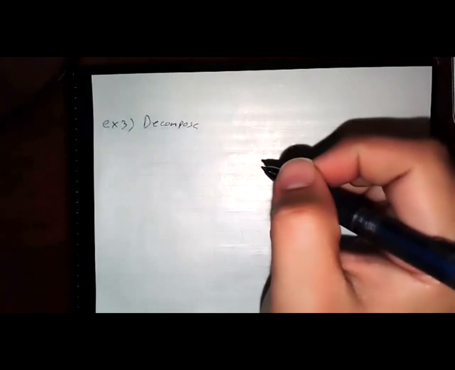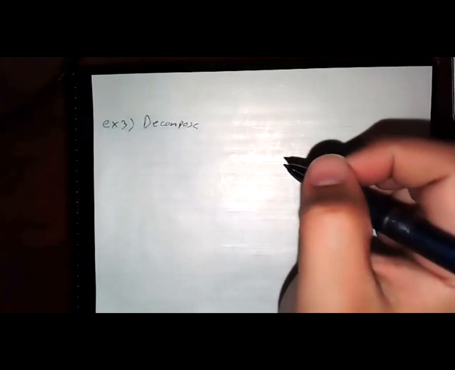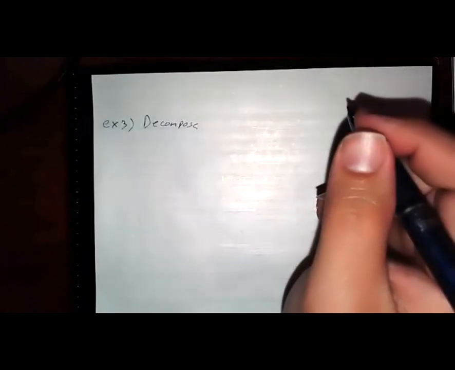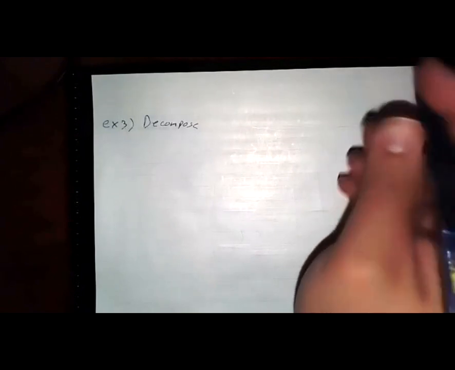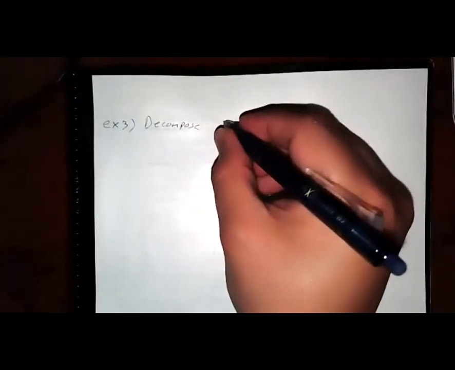All right, so number 3, the last thing they'll ask you in this section is to decompose one vector into 2 separate vectors using a formula. As long as you follow the formula, it's not too bad.